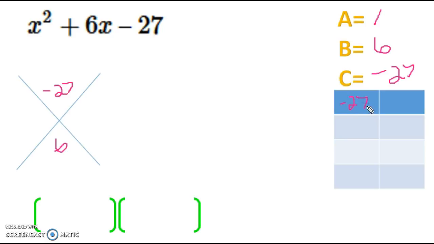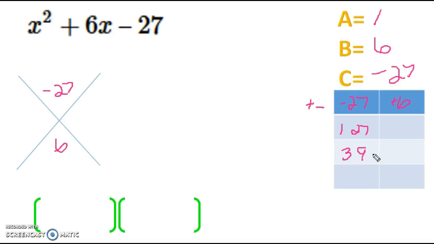Remember when we're writing these down, to get to a negative 27, our factors must be a positive and a negative. It's the only way for us to get a negative 27. And then when we combine them, we're going to get to a positive 6. So let's try those factors. 1 and 27, 3 and 9.